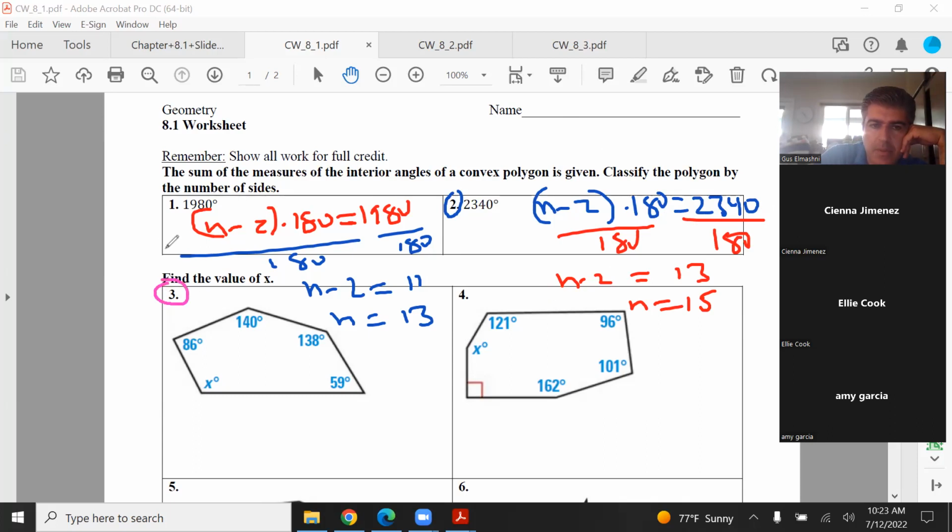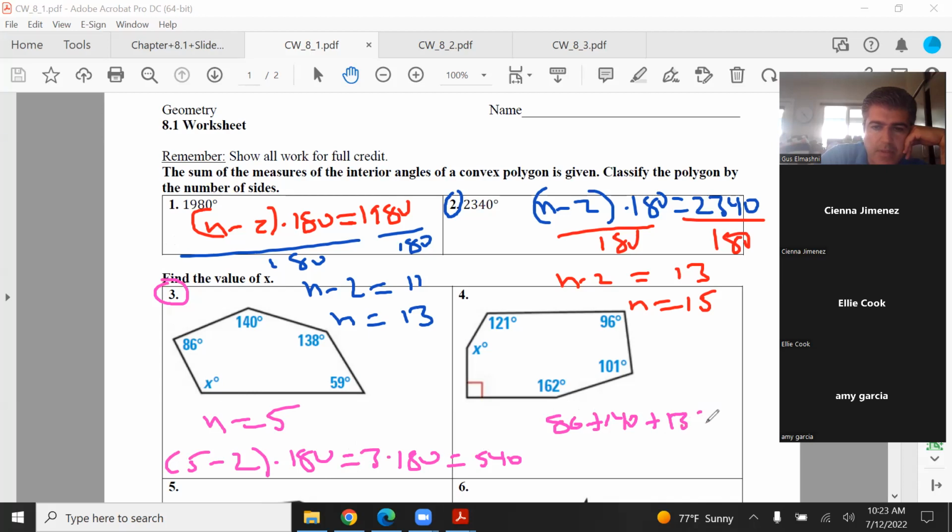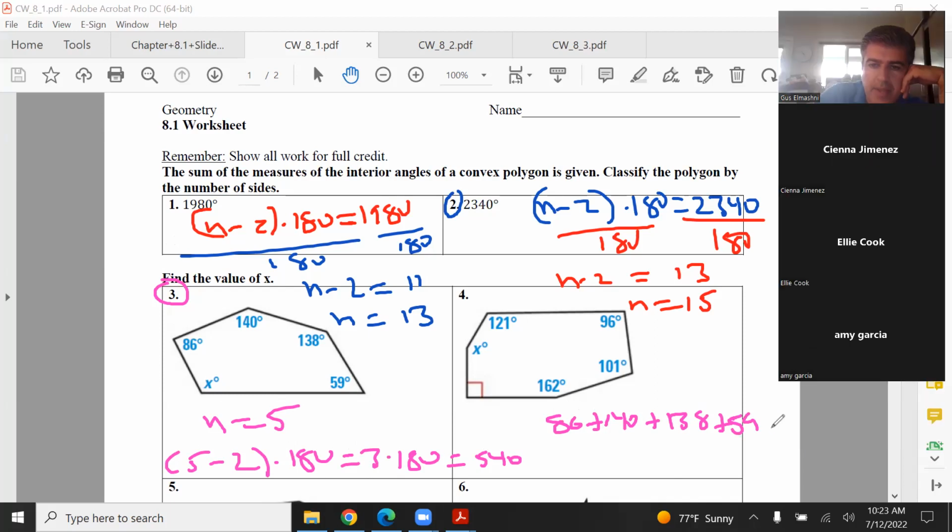For number 3, find the value of x. Clearly you have 5 sides here. So all the angles are going to add up to 540. So you're going to say 86 plus 140 plus 138 plus 59 plus x.